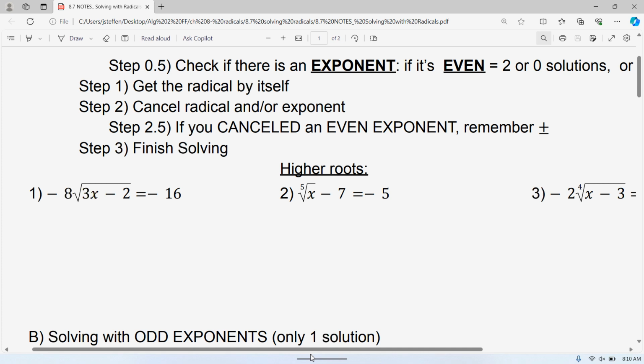So these first 3. Remember, adding is the opposite of subtraction. That's not subtraction. You're not subtracting 8 from anything. That's a negative 8.